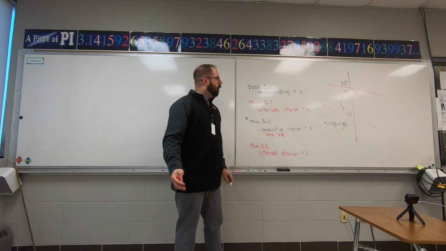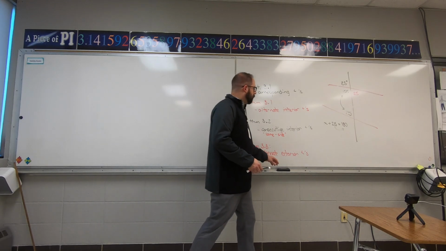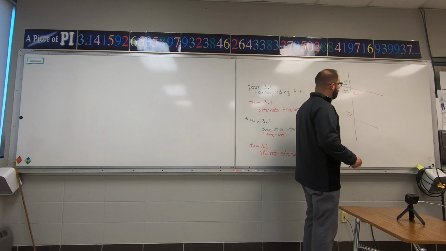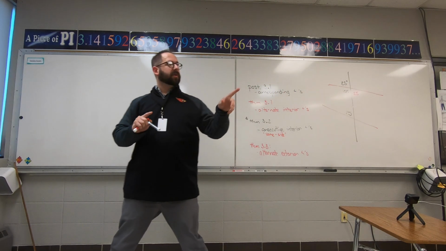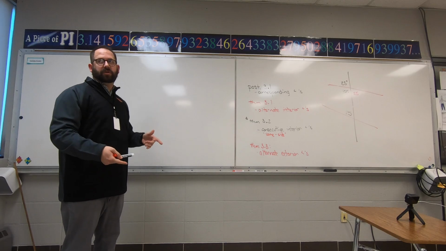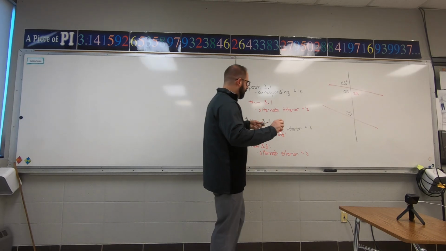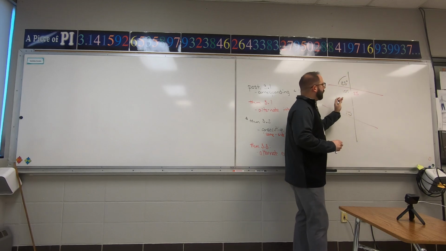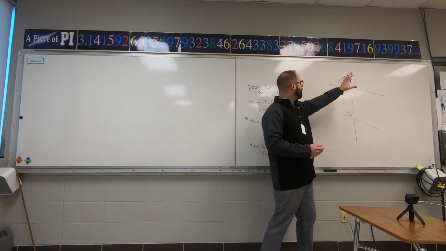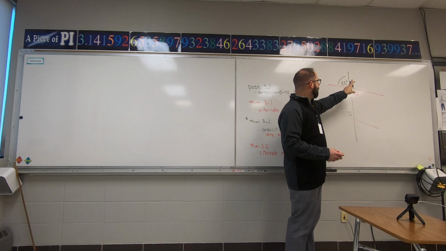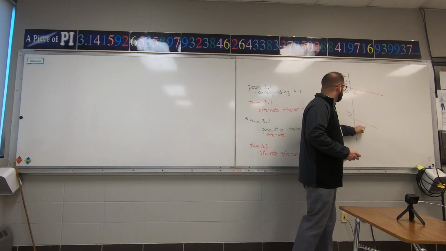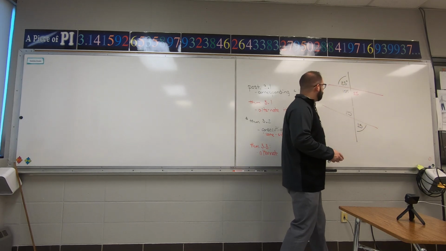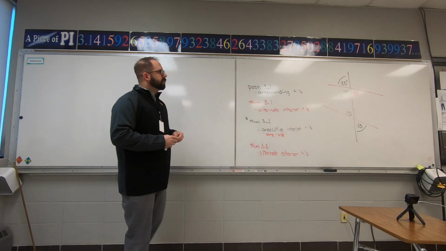Alternate exterior are angles on the outside. The exterior angles have to be on alternating sides of the transversal, and they cannot be physically touching. So this angle right up here is an exterior, and the alternating side, the other side, but not physically touching and on the outside, would be this angle down here. Those are equal, so you can transfer the 25 down here. That's an alternate exterior.